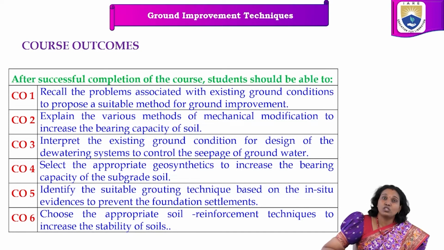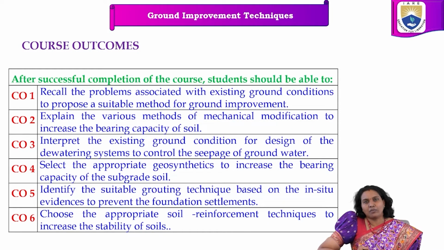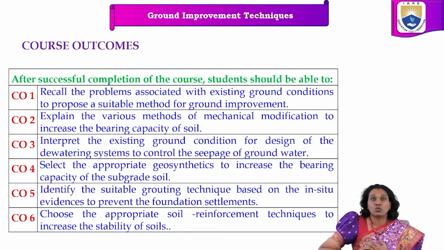Next, identify the suitable grouting technique based on in-situ evidences to prevent the foundation settlements. We may have some foundation settlements in some situations. We are going to identify different types of grouting techniques that are available. So which one is suitable? That is also one of the course outcomes.